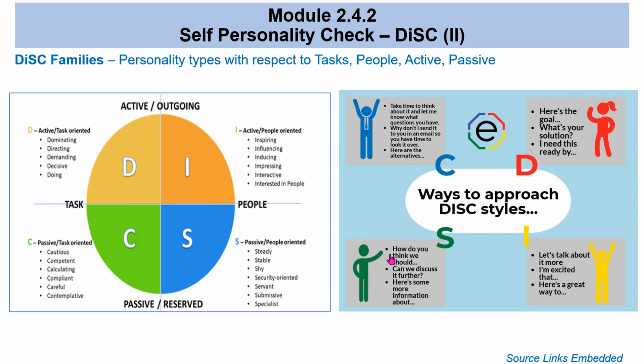For the S type, you can check with them, like, how do you think we should do this? Because these are steadiness people, you need to go one at a time with them. Can we discuss this further? Here is some more information you need to process, and come back and we can talk about this.